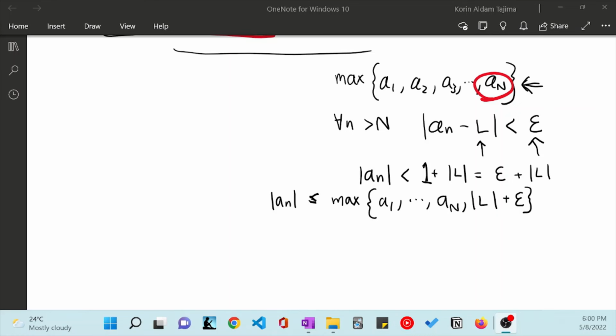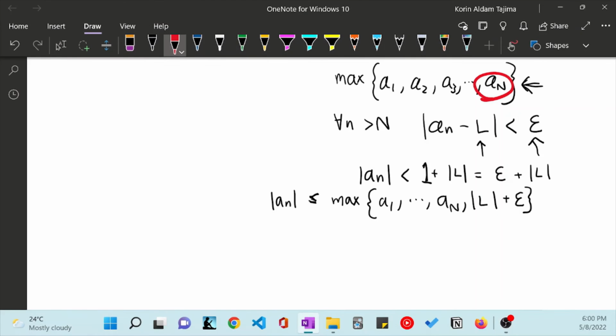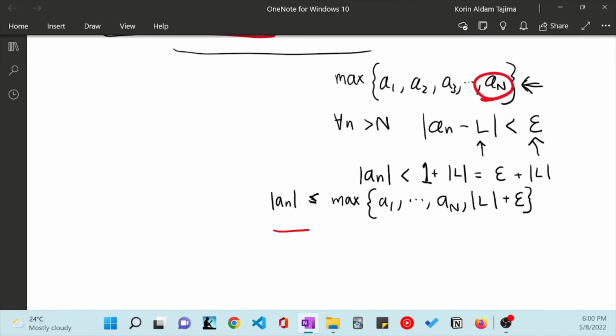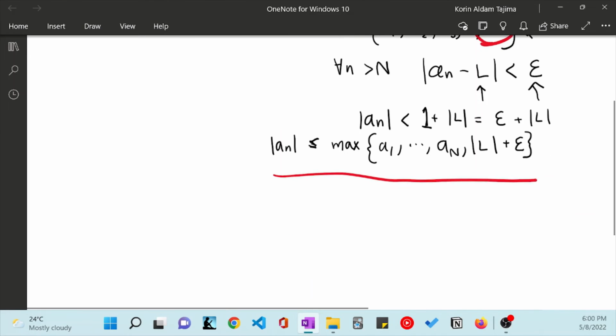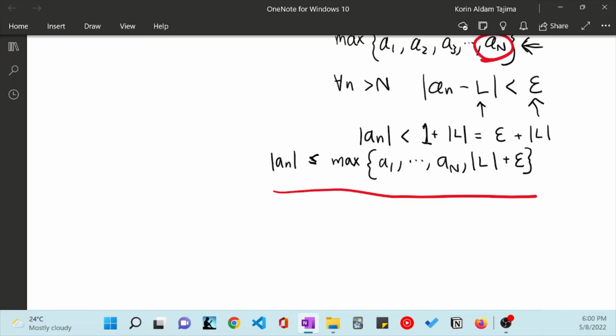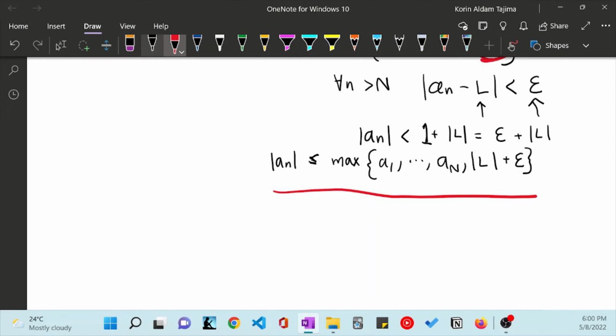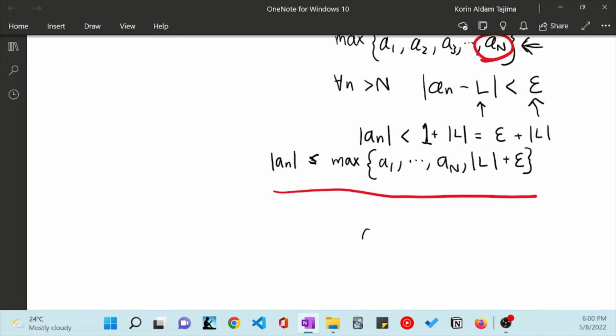Okay, so let me go over that again and summarize. I think the key point is understanding this last statement right here. So we know there is definitely a maximum value from a sub 1 all the way to a sub n. We know there is a maximum value, and we know that any number in our sequence is going to be less than or equal to that value, because they are the sequence numbers in our value.